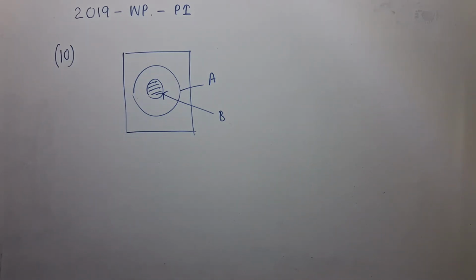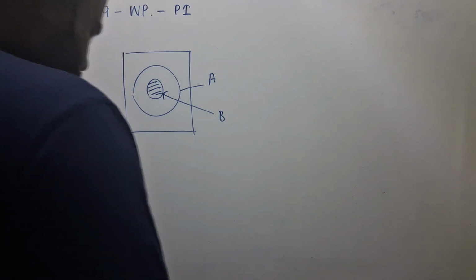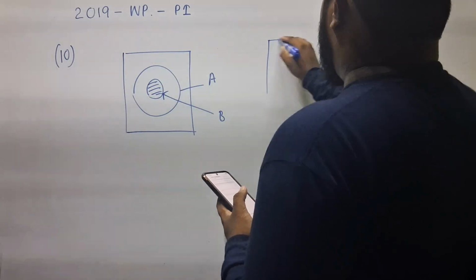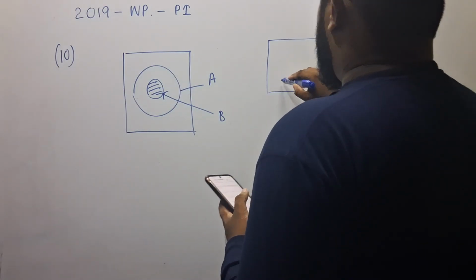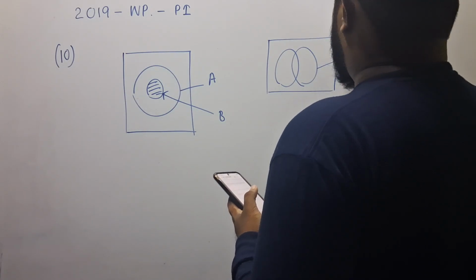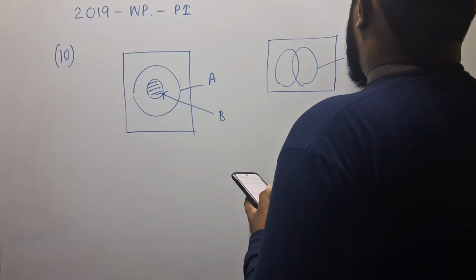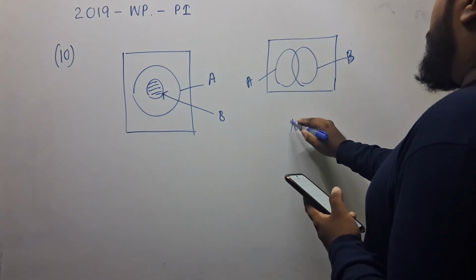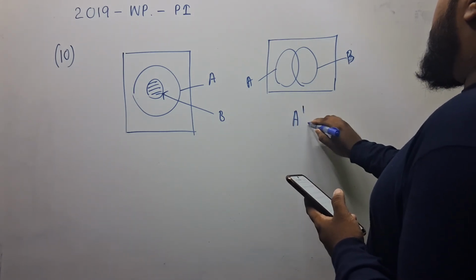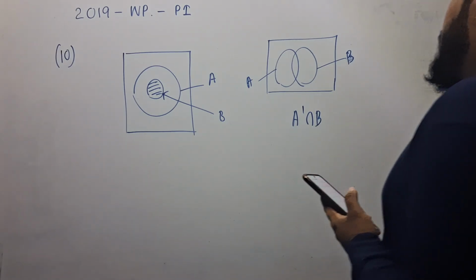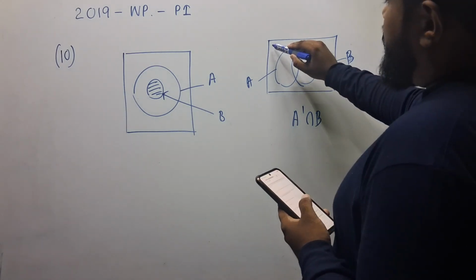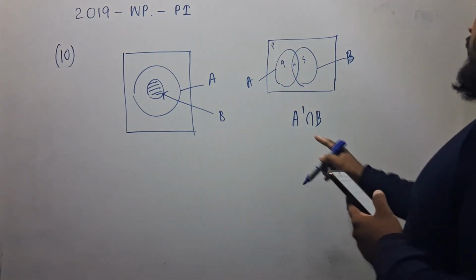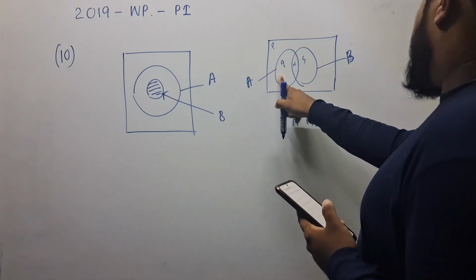Shade the region. When you are given shading questions, you can follow this method. Think you have been given a question like this, and asked to shade A dash intersect B. To do this, we separate these regions as P, Q, R, S, and we find A dash.